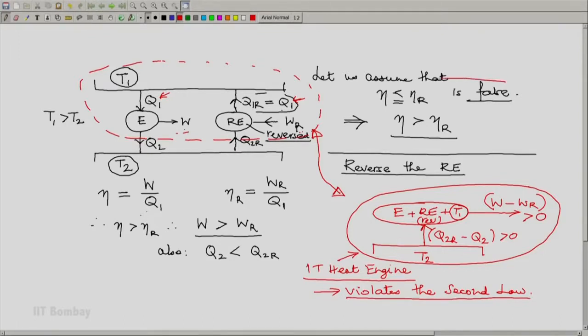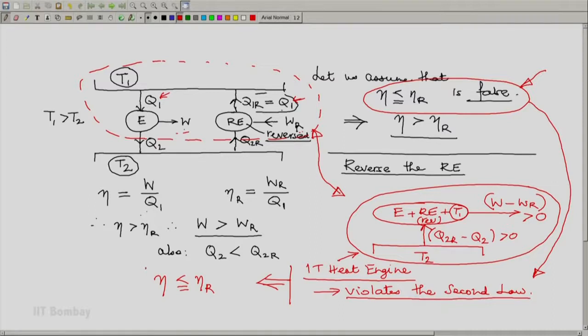And what did we do? We assumed that the Carnot theorem statement eta less than or equal to eta R is false. The consequence of assuming this false is that we have violated the second law of thermodynamics, and that means this particular assumption is untrue. We can't assume the statement eta less than or equal to eta R to be false, and this implies that eta must be less than or equal to eta R, and that proves the Carnot theorem. Thank you.